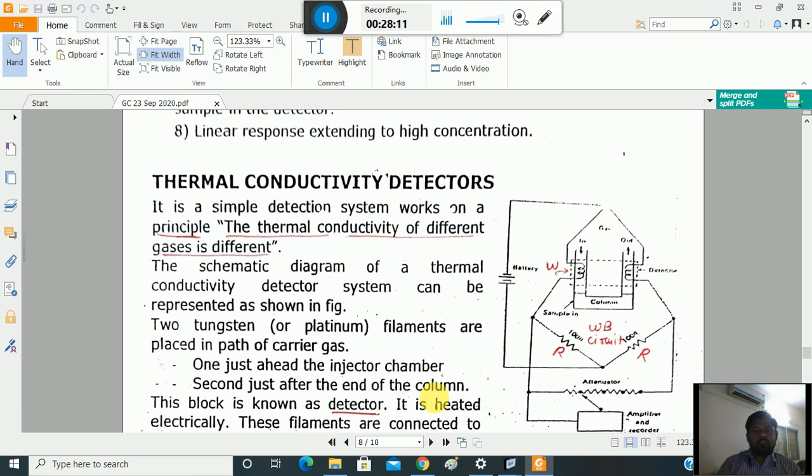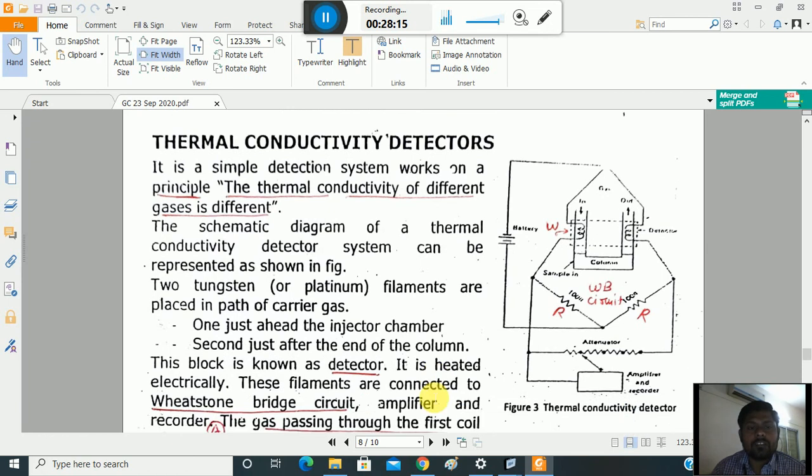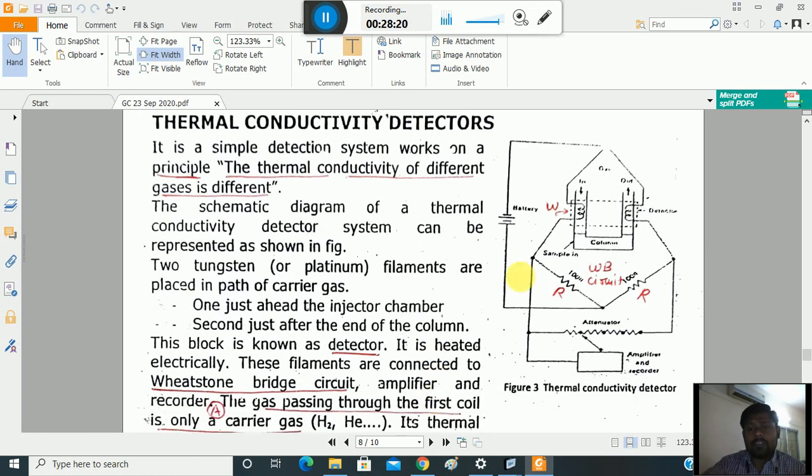Now I am going to discuss those detectors one by one. First, the thermal conductivity detector. The diagram is given here. It is a battery, and these are tungsten wires. The tungsten wire assembly acts as the detector.